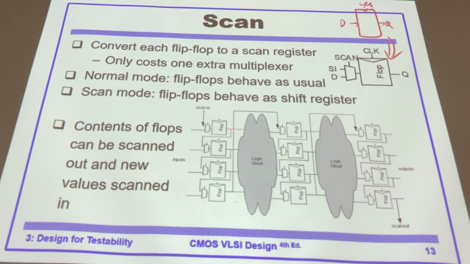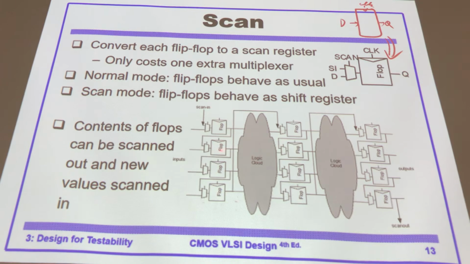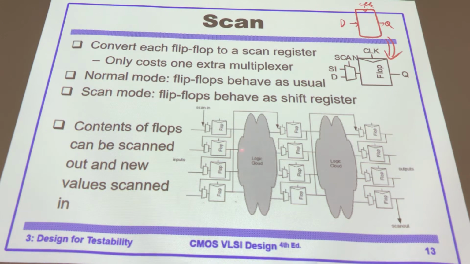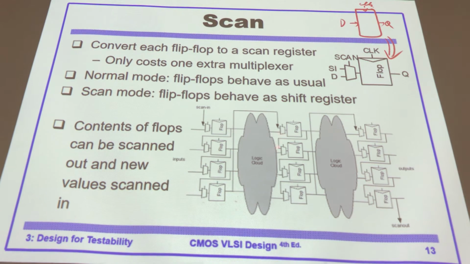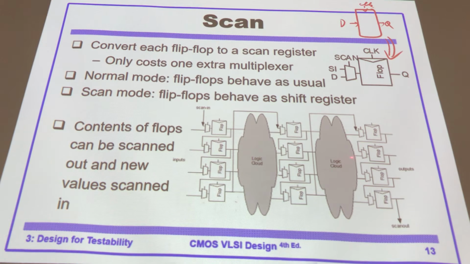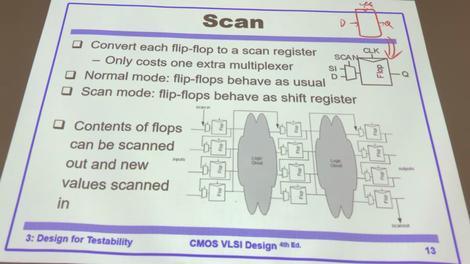And the output, one goes through the combination circuit, the other one will connect to the input of the next flip-flop. So before, with 4 flip-flops, the 4-bit input goes through the combination circuit, 4 bits enter the 4 flip-flops and come out through the combination circuit and enter the 4 flip-flops and come out. That's the original circuit. But we modify each flip-flop to this.